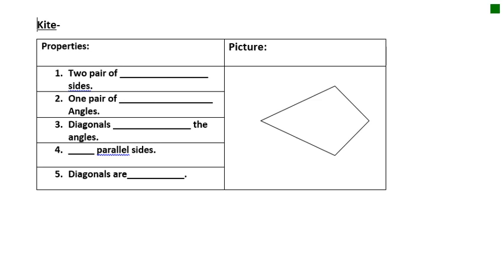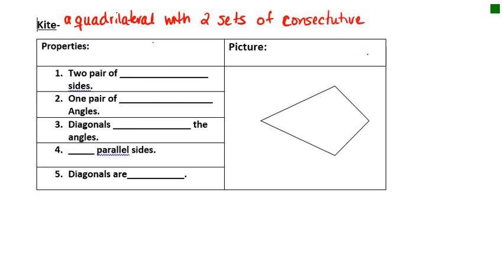A kite looks like a kite. It's a quadrilateral with 2 sets of consecutive congruent sides.